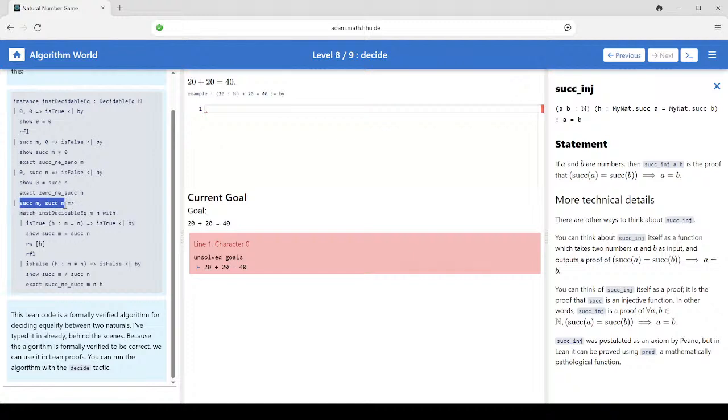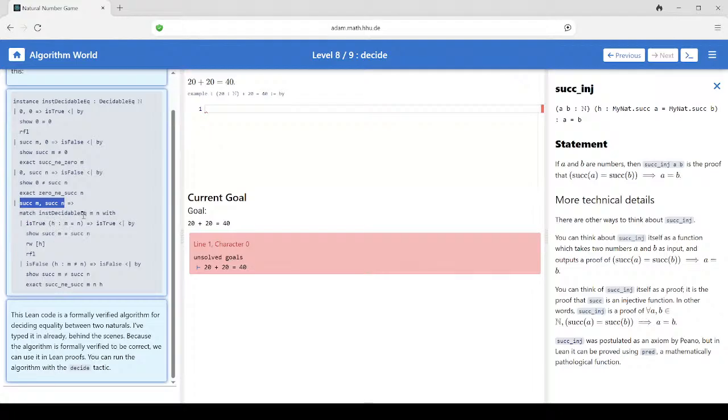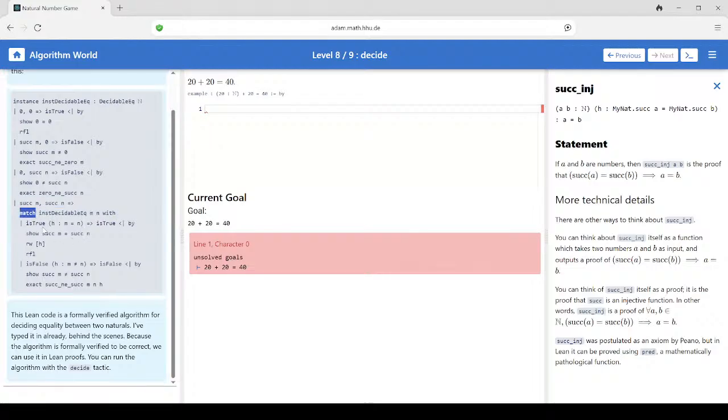Successor m and successor n match. If they are the same thing, then m equals n is true because the successor of m equals the successor of n. We can show that. There's the proof there.